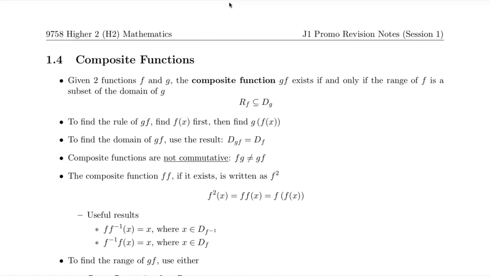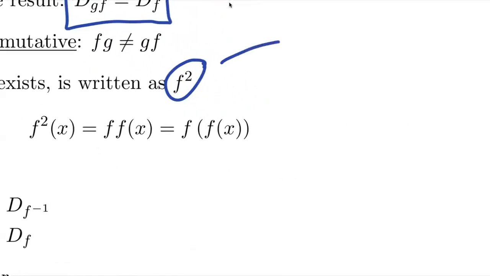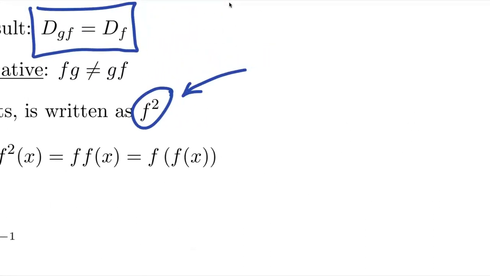Next thing that is important, the domain of gf is equal to the domain of f. This is important. When you see f squared, what does this mean? This kind of question is usually tested together with self-inverse. I hope your tutorials in school have gone through what self-inverse questions are. You should be experienced in this kind of question. If you're not, it's okay. So what is a self-inverse function? It's basically whether f is equal to f inverse. That means self-inverse.